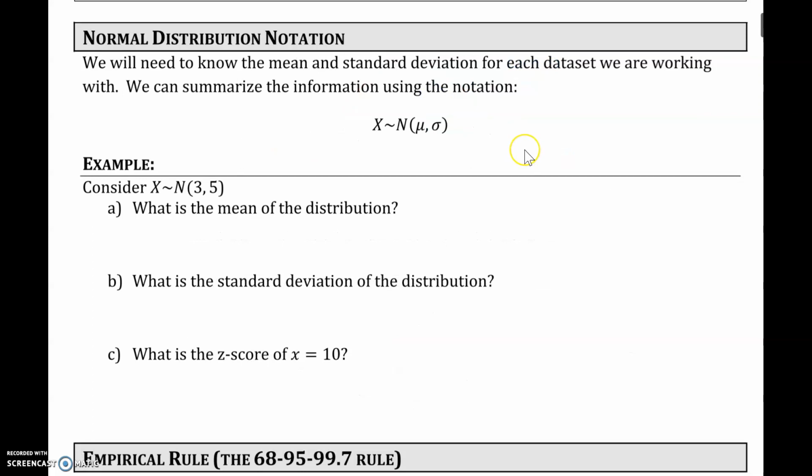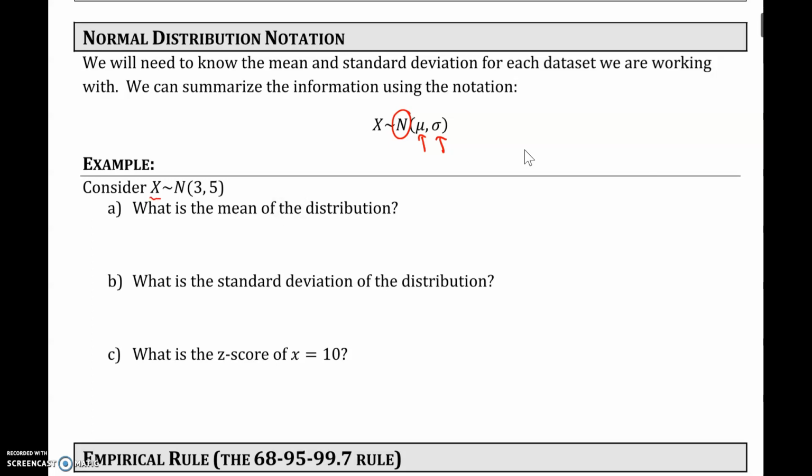Because everything involving normal distribution revolves around knowing the mean and standard deviation and how many standard deviations values are from the mean, we have this shortcut, this notation that gives us all the important information. And your textbook uses this a bit. So when we have a normal distribution, we see a capital N in front of our brackets, and then we have an ordered pair. The ordered pair always gives the mean first and the standard deviation second.